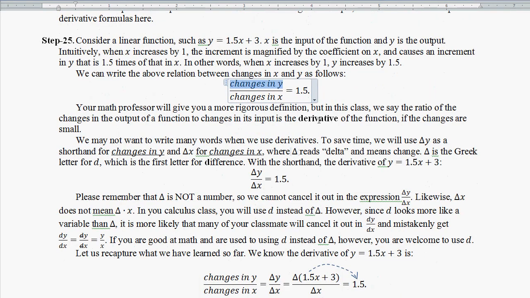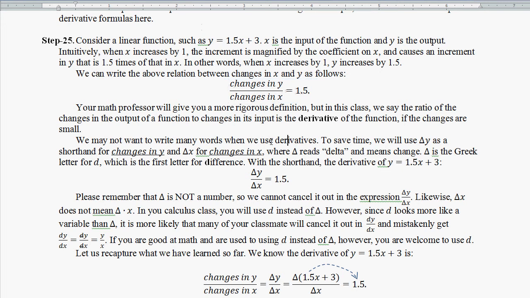Now, when we're discussing derivatives, we don't want to write changes in y over changes in x all the time. We want to use some symbols so that it's easier, right? When you are doing arithmetic like 2 plus 3, you don't write the word plus every time. You use a plus sign. So we do the same thing here. We want to use a symbol to represent changes in something.